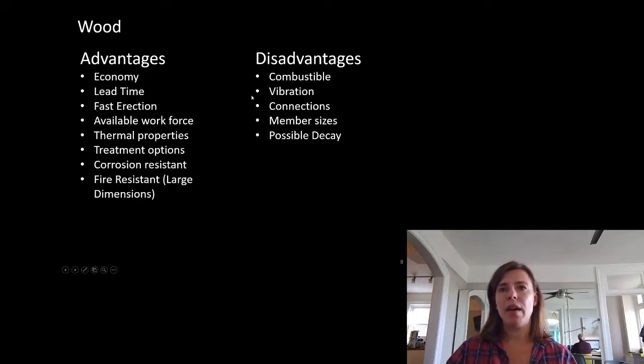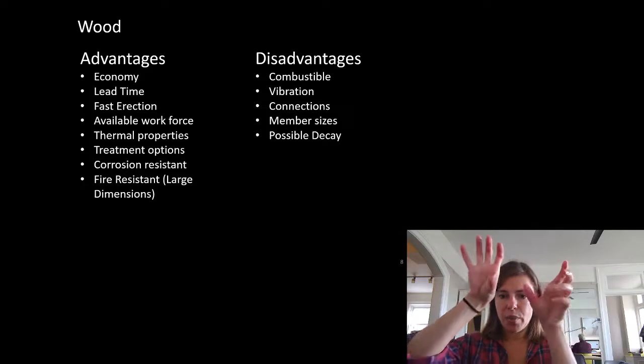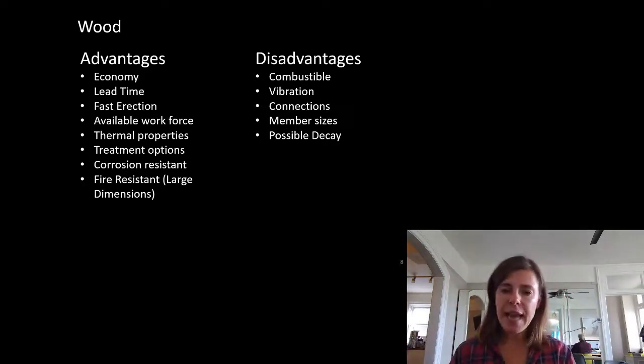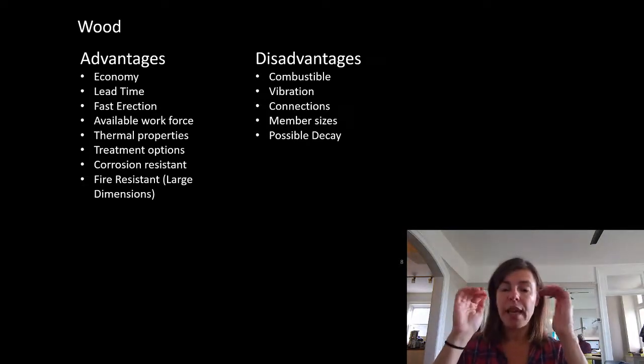It's got a bit of a disadvantage in vibration. The really big disadvantage in wood is its connections. Wood is organic material, and connecting two pieces together is really hard. Anytime you try to drill a hole in wood, it's prone to splitting and cracking.